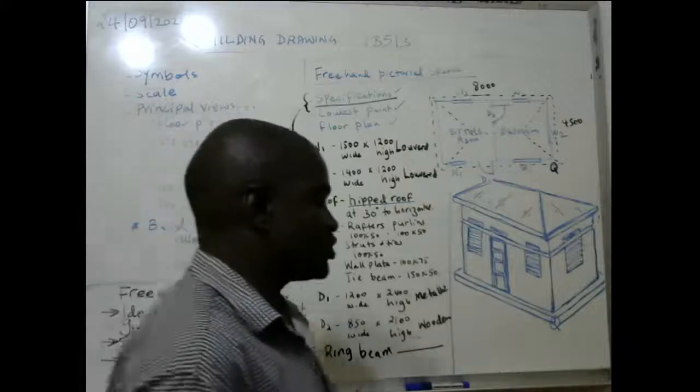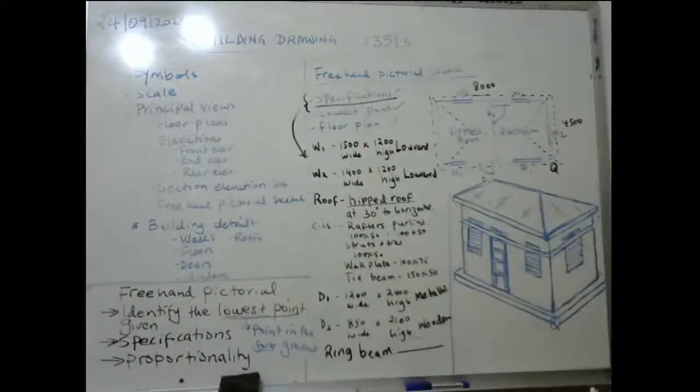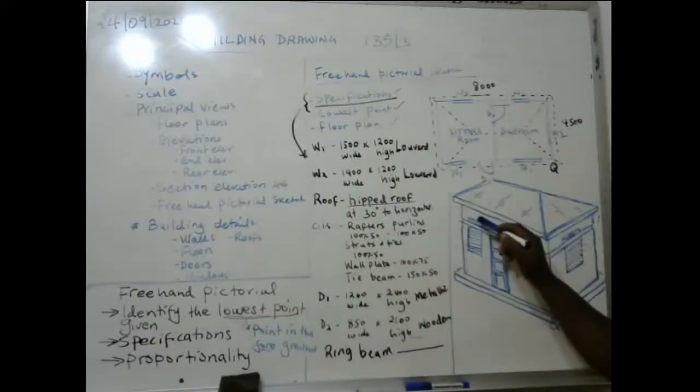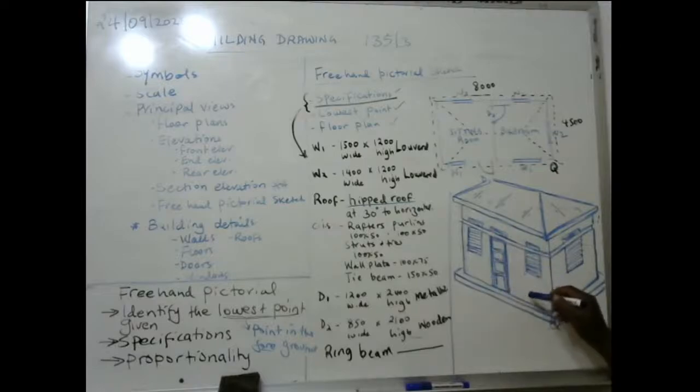Then you have to take note of this. We're talking about proportionality. This is the ventilator, this is the window. And for purposes of emphasis, maybe it is not very significantly different, but window 2 was slightly smaller.